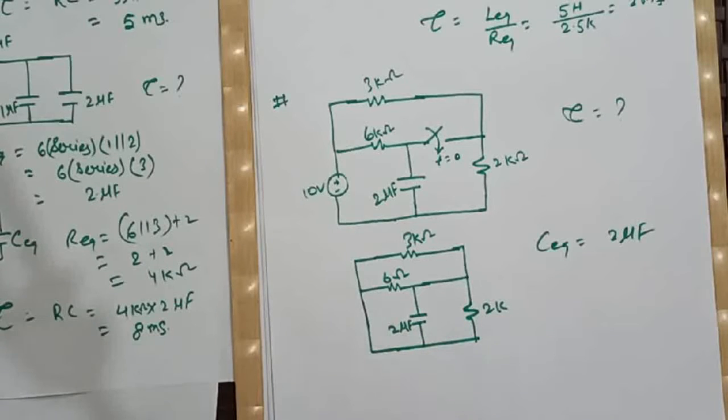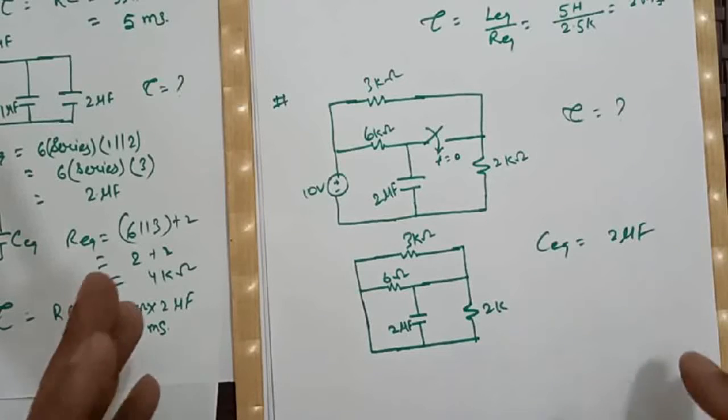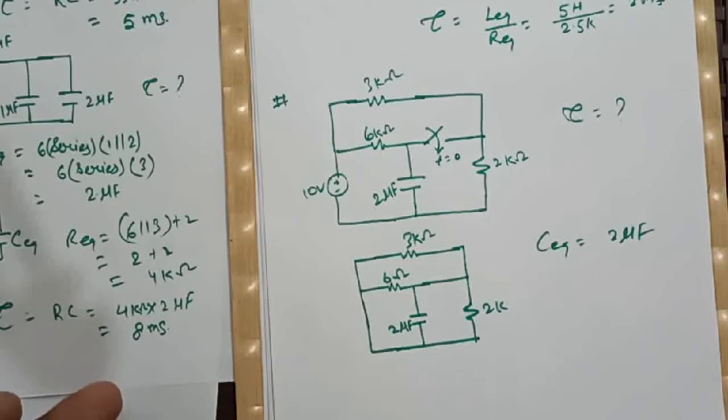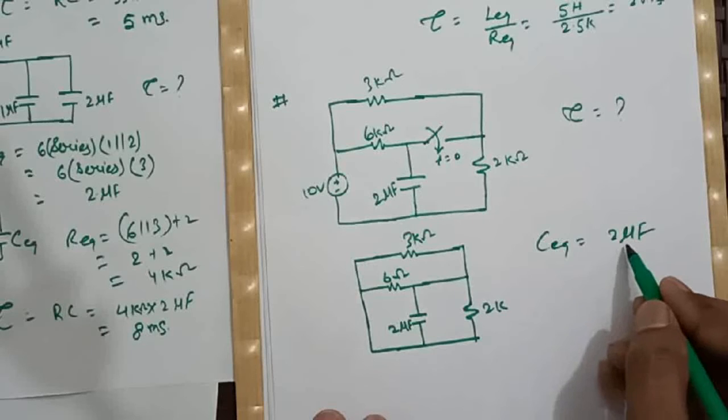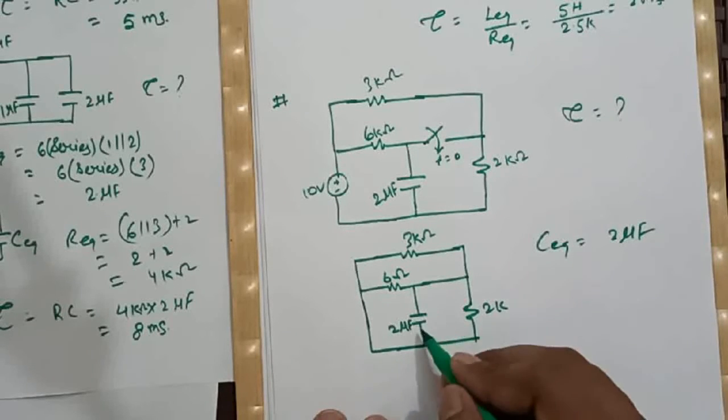In case of inductor, we find first of all L equivalent and then the R equivalent across the terminals of L equivalent. So C equivalent is 2 microfarad. It is clear from the picture.